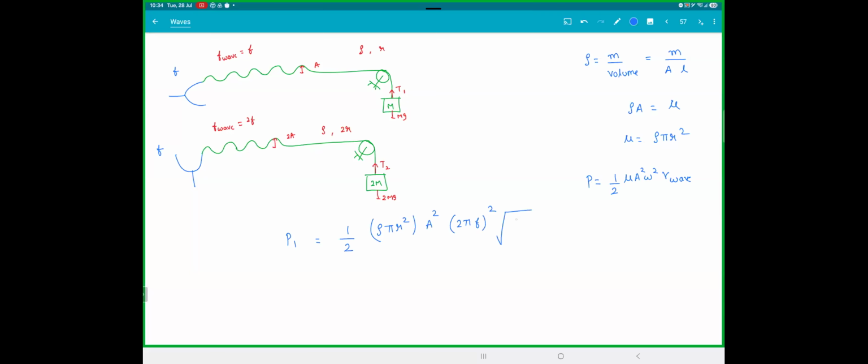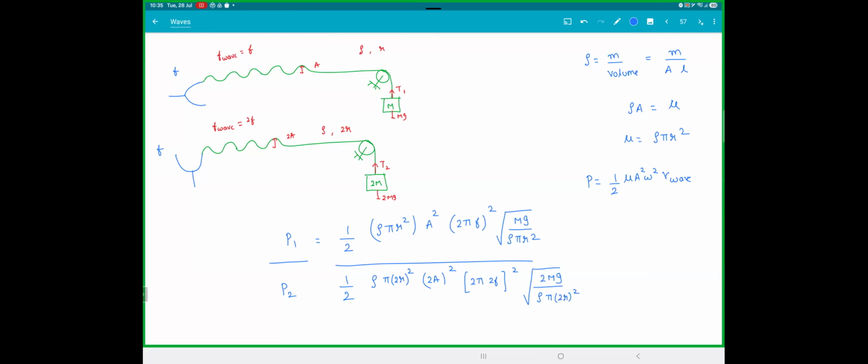V wave is root over tension, which is mg by mu. Mu is again rho into pi r square, divided by the second one, which is half rho, radius has become double, pi into 2r whole square. Amplitude is double, 2a whole square. Frequency is also double, 2 pi 2f whole square. This will be 2 mg by rho into pi into 2r whole square.